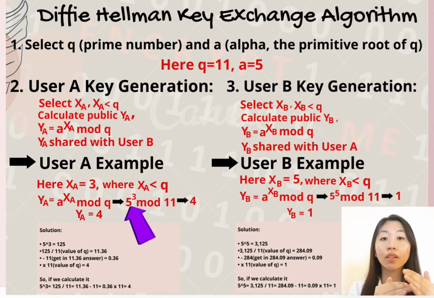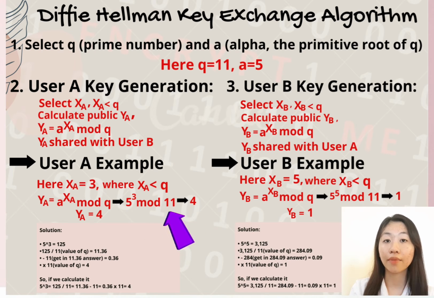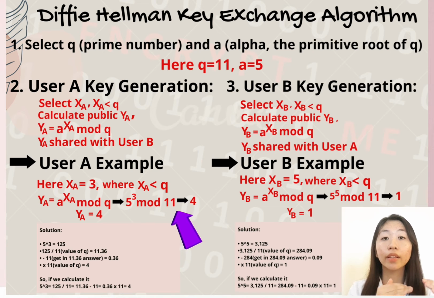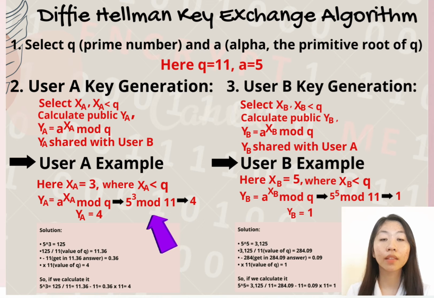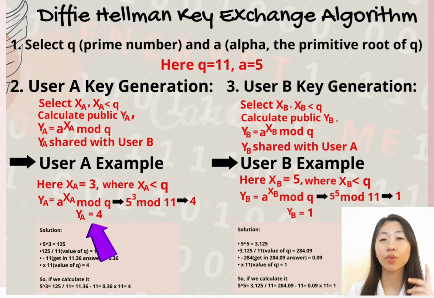So 5 raised to 3 mod Q, which is 11. So 5 raised to 3 mod 11 is equal to 4. So the value of YA is equal to 4. So how do we get that 4? I will explain to you the process of how we get that answer, that value of YA, which is 4.